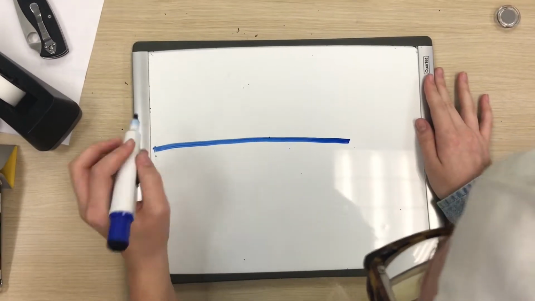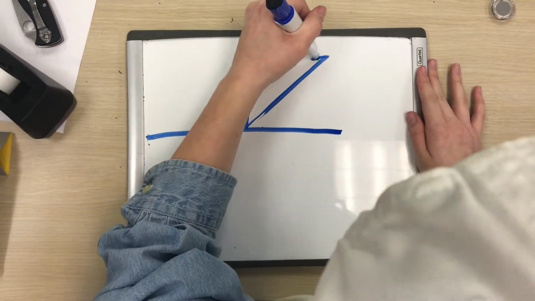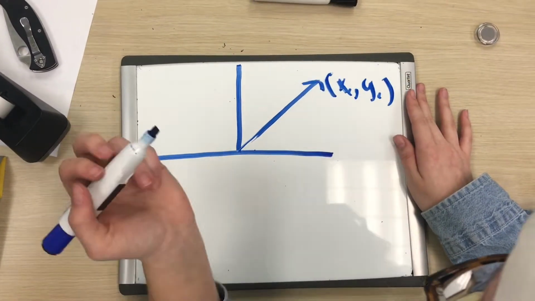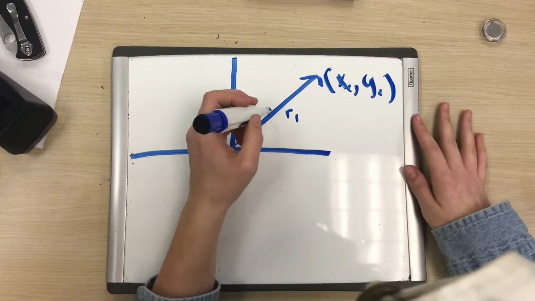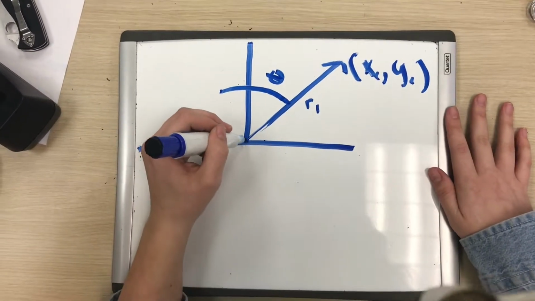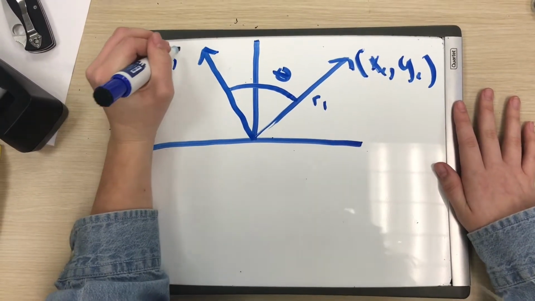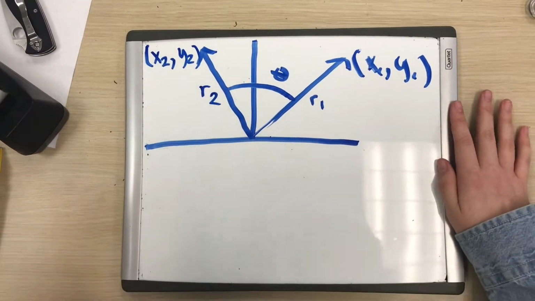Alright, so first I'm going to start by showing you a basic vector with endpoints at x1 and y1, the vector named r1, and then we're going to rotate it an angle theta, which creates another vector at endpoints x2, y2 with vector name r2.